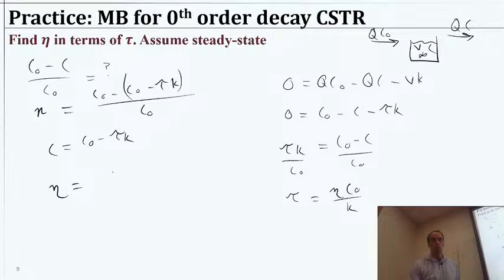So I think if we do that, we can get, let's see, 1 minus, well, you know what, we'll do this, C naught minus C naught plus tau k all over C naught.